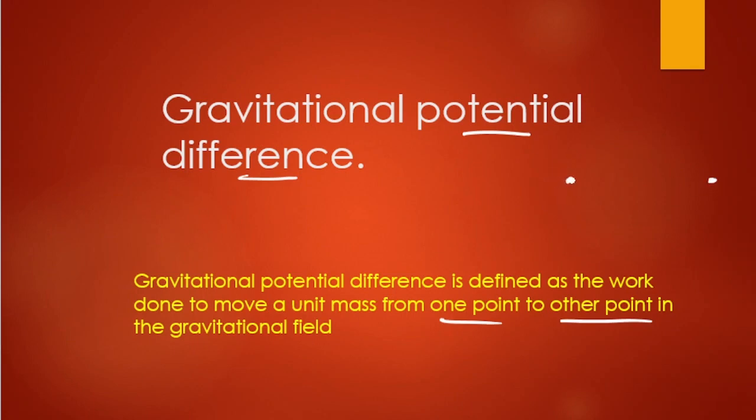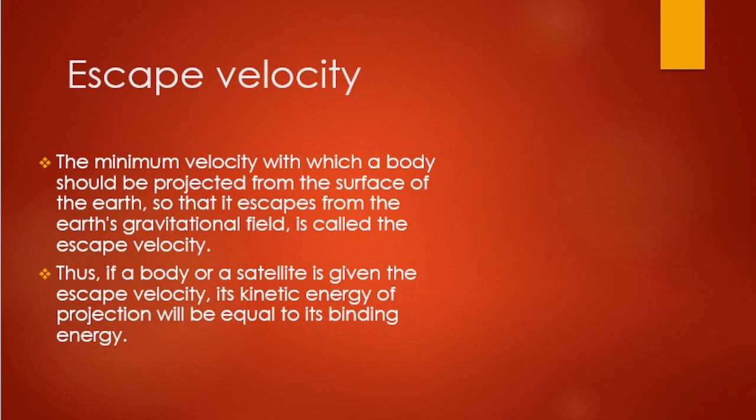We are moving from one point to another point. We are not keeping the object at infinity position. That is the difference between potential difference and what we saw earlier, the potential energy and gravitational potential. Clear?